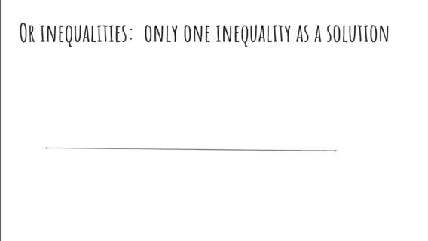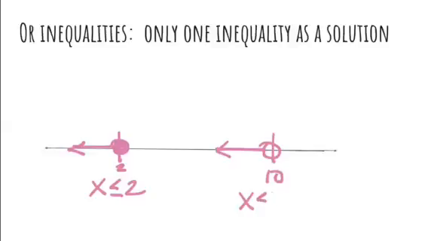Finally, in OR inequalities, you may have only one inequality as a solution. An example would be this. x is less than or equal to 2. And over here, let's say this is 10, and x is less than 10. If your solution is everything that is under one of the inequalities, this inequality here is going to totally cover up that other inequality.